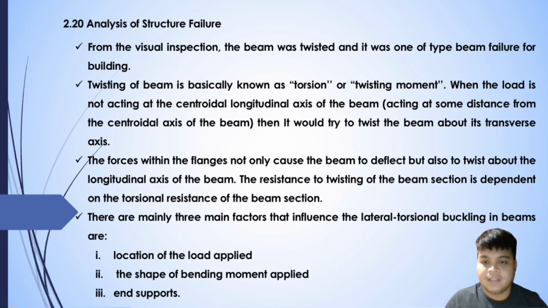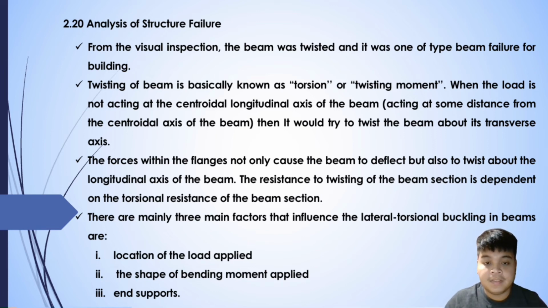The susceptibility of the beam section to lateral torsional buckling is governed by the distance between the location of the load applied and the shear center of the section. The section is more prone to lateral torsional buckling if the load is applied at a point above the shear center of the section. The effect is less if the load is applied along the shear center.